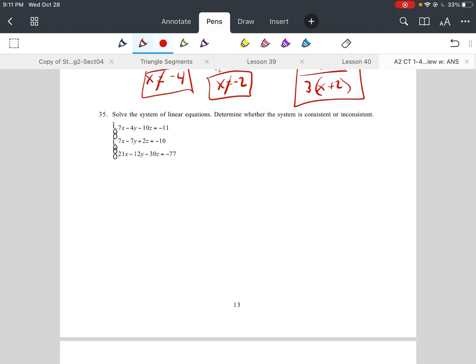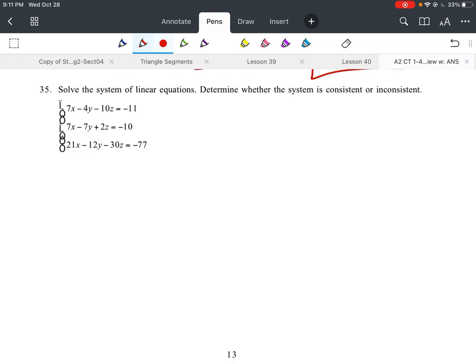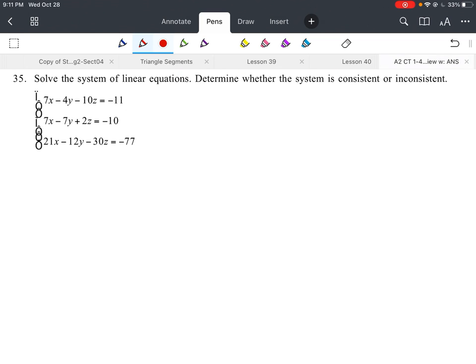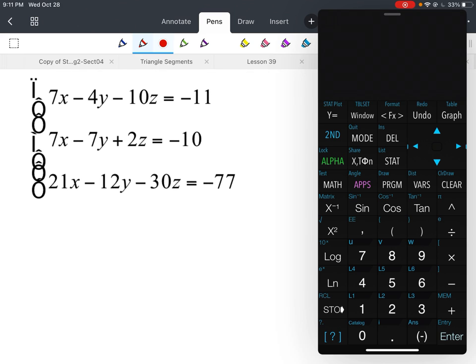Okay, solve the system, decide whether it is consistent or inconsistent. So this is one of those things, guys, where I'm going to do the matrix again, but if we have a problem, we got to figure out how to identify which problem it is. So let's look at the matrix and see what happens on this one. Now, another good hot tip you can look for is, does one look like a multiple or duplicate of another one?